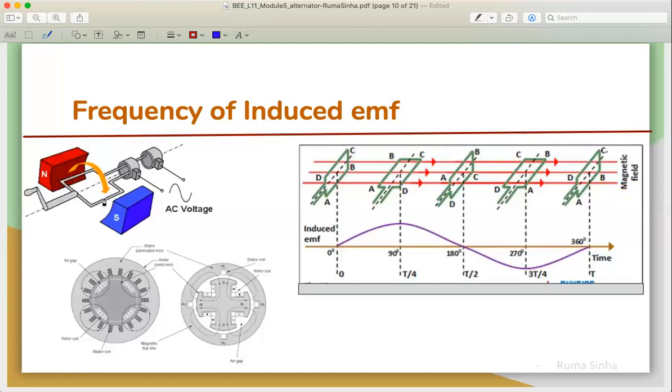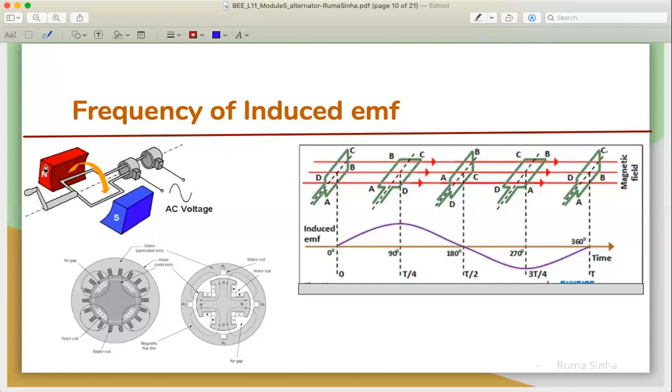From North Pole to South Pole, when the conductor rotates by 180 degrees, this side of the conductor moves from North Pole to South Pole. Another 180 degrees means the same conductor comes back to the North Pole. So one full cycle of 360 degrees is obtained from North Pole to South Pole back to North Pole.